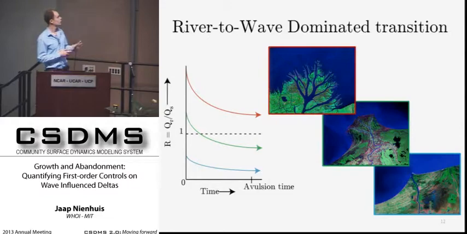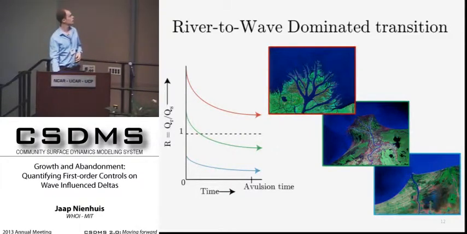In green, you start out with a river-dominated delta that bifurcates a couple of times and ends up being a wave-dominated delta. Or you end up with a Chaffalai, a Wax Lake type of setting, where you have so much fluvial input that you can bifurcate all you want, but you'll never get into a wave-dominated setting.